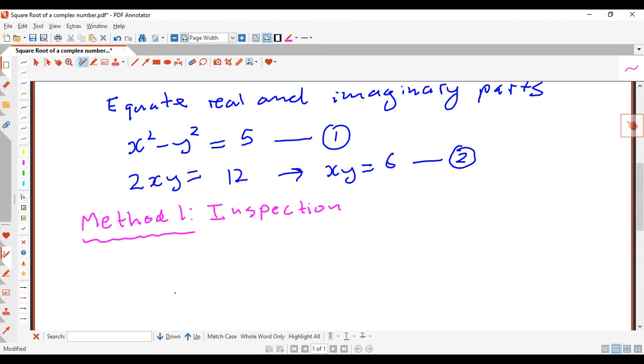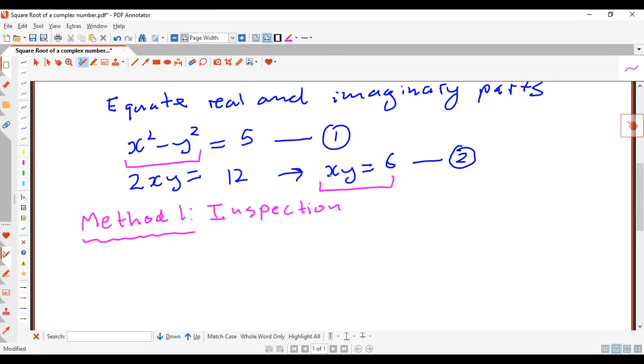So with the inspection method, I'm just going to look at these numbers here. Now, basically what have I got? I've got xy is equal to 6, so two numbers which multiply to give 6, and I've got the difference of the squares of those numbers equal to 5.